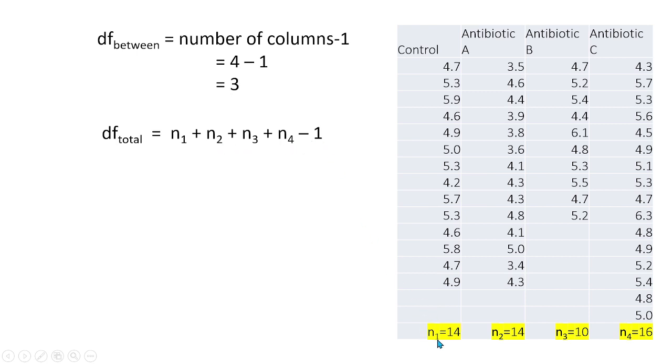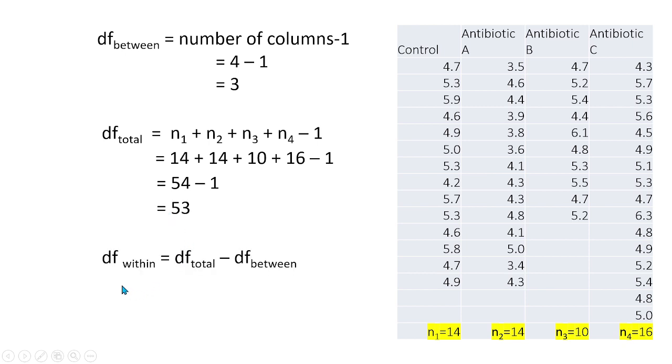Our number of cases are already listed here at the bottom. So that is 14 plus 14 plus 10 plus 16 minus 1. And 54 minus 1 equals 53. Then let us compute the degrees of freedom within, which equals df total minus df between. Df total is 53 minus 3, that equals 50.